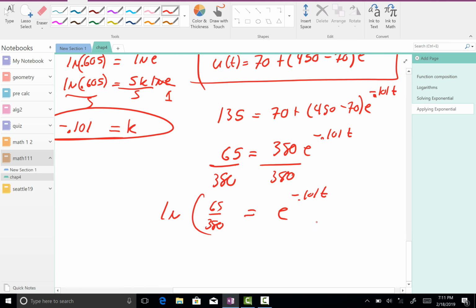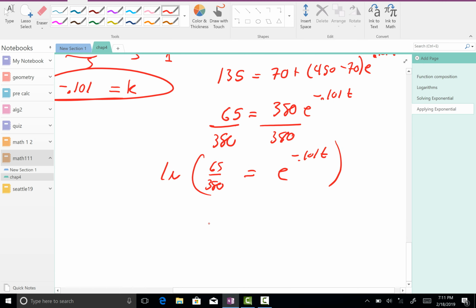Natural log. And there we go. So we'll get a time.